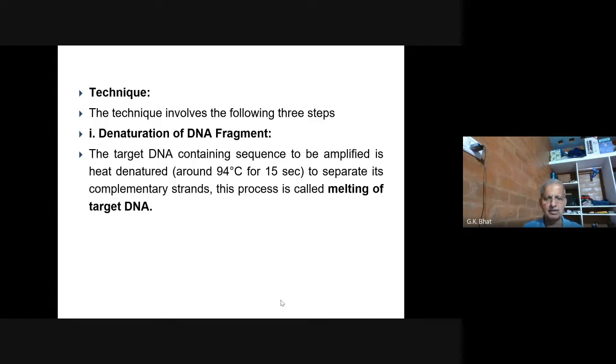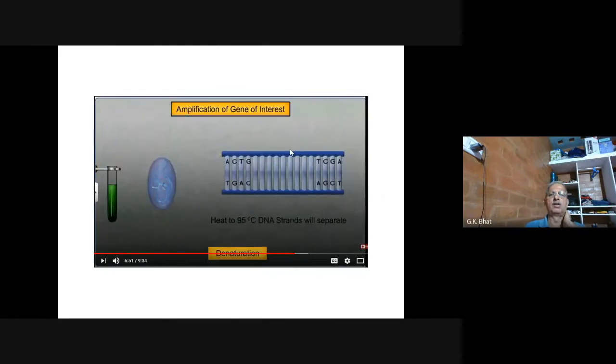When you heat this at 94 degrees centigrade for 15 seconds, the two strands get separated. To separate its complementary strands, this process is called melting of target DNA, or denaturation of DNA fragment. Okay? Understood? Now, this is what you are doing: denaturation.